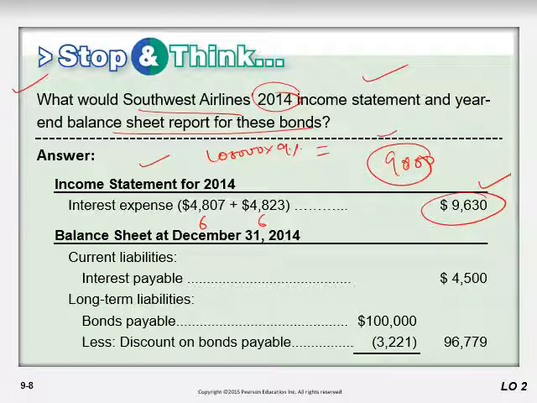But we also add $630 of discount as well, right? So how are we going to record it on our balance sheet? On our balance sheet, you see our discount is decreased, right? So every year the discount starts decreasing and the value of the bond starts increasing and approaches 100,000, right?